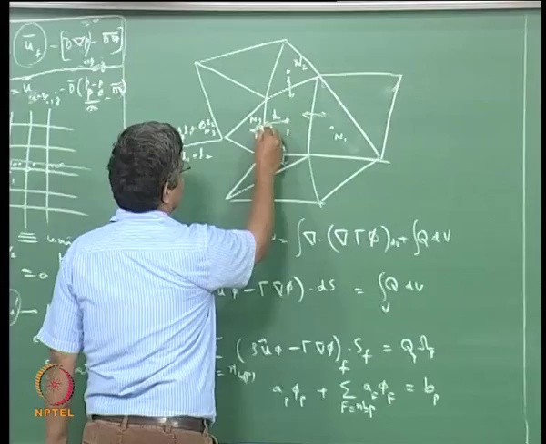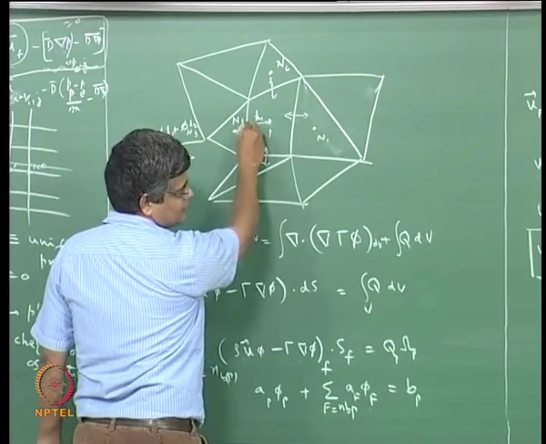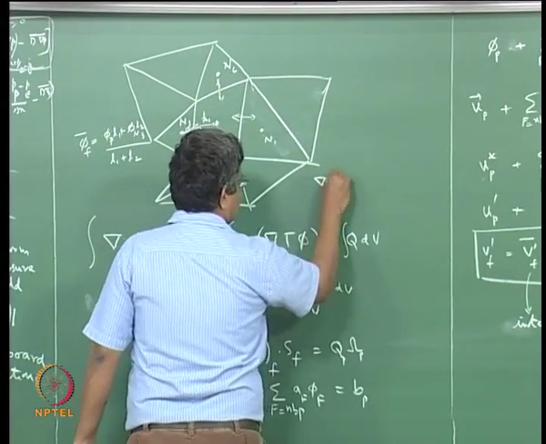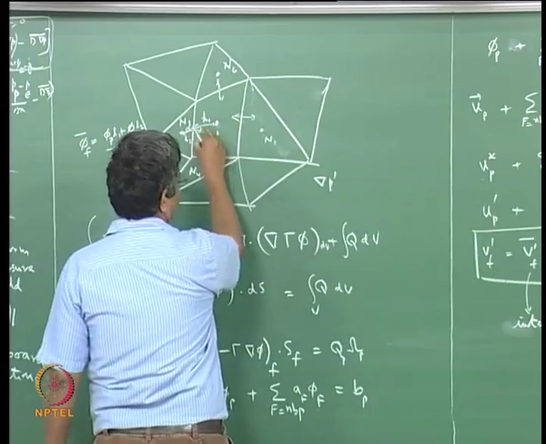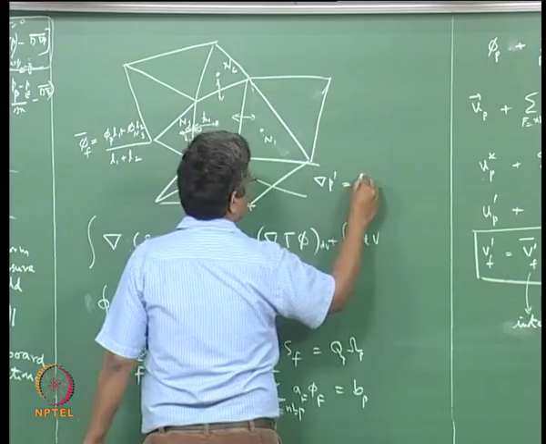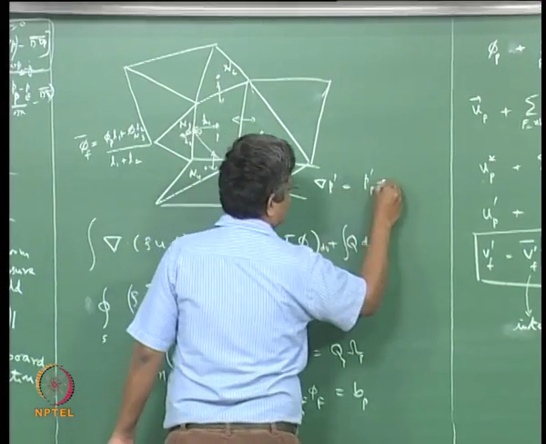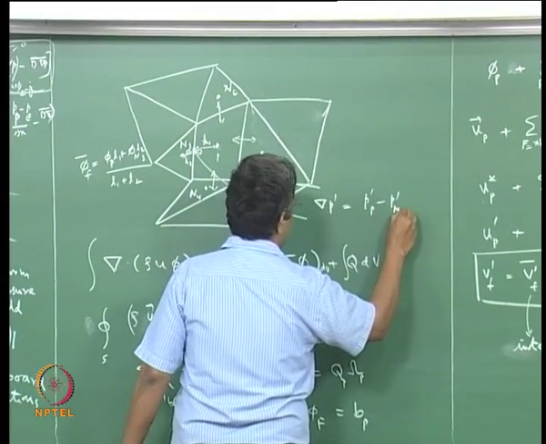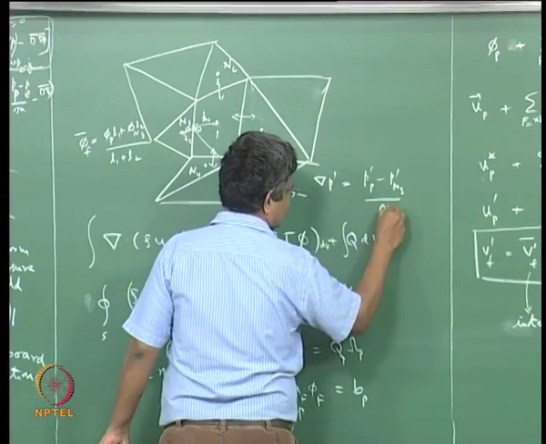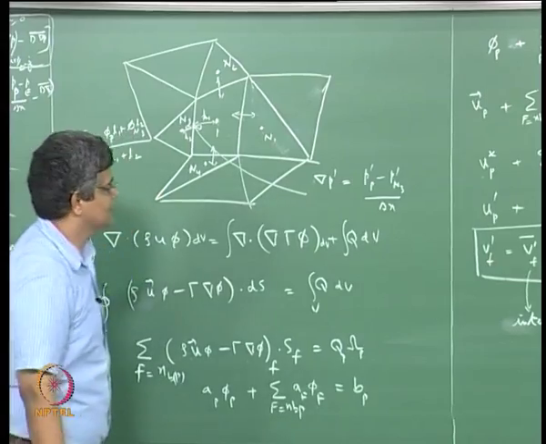For example, if you are looking at this face here, the gradient of pressure correction at this particular point will be given by the pressure correction at P minus the pressure correction at N3, divided by that distance delta x, the appropriate distance corresponding to this.